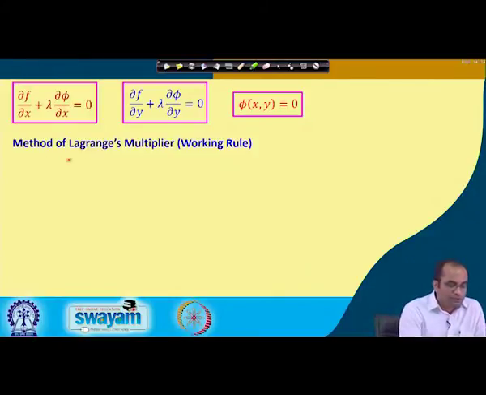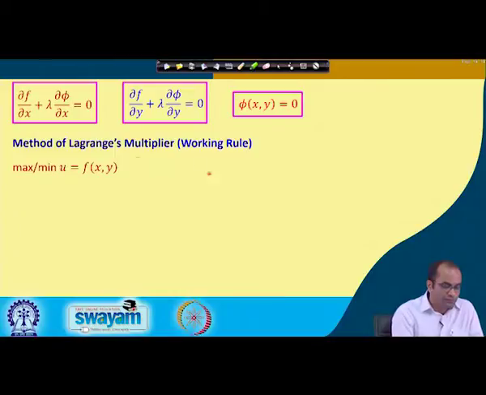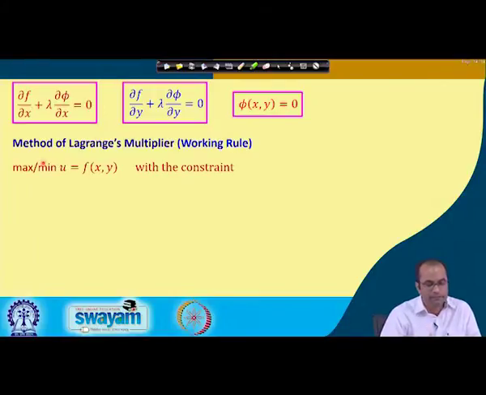So, what is the method of the Lagrange multiplier which we have just discussed? There is a way to remember easily how to set up these equations. We have just seen a bit long derivation, but now we will write it down in a more precise form which is very easy to remember and how to get these equations directly.